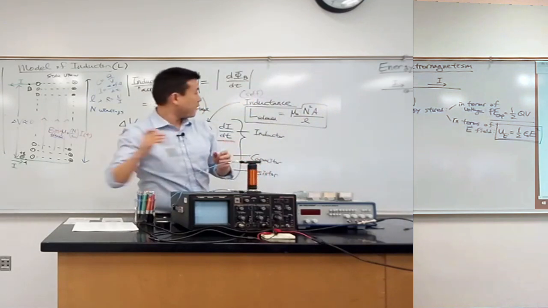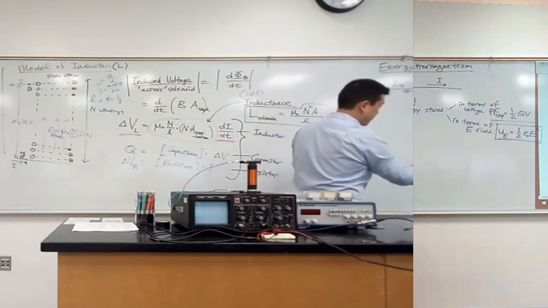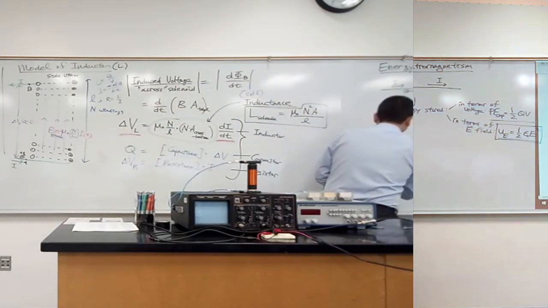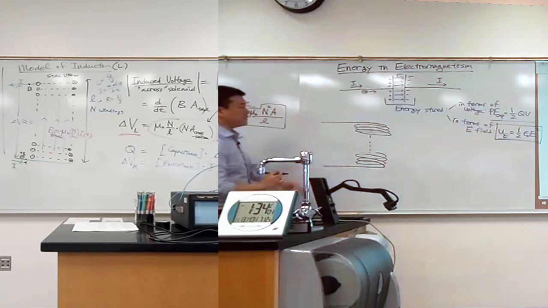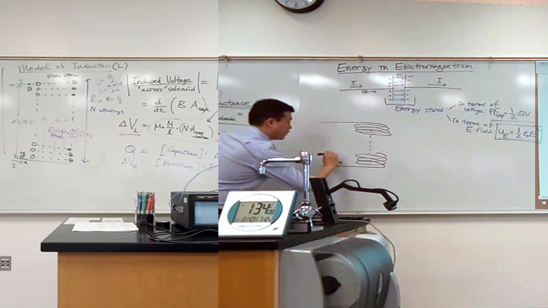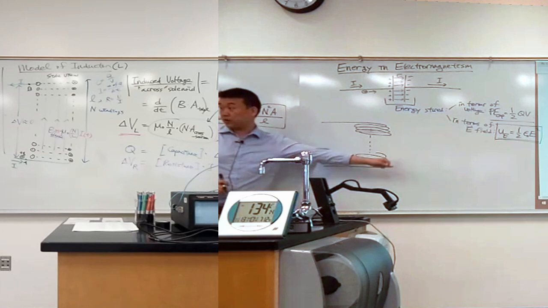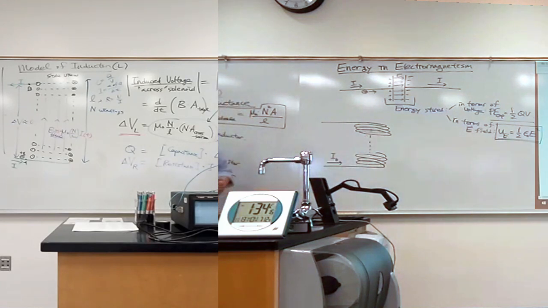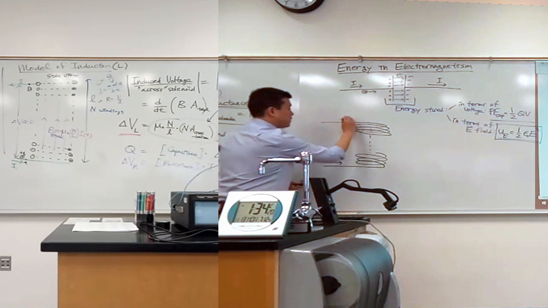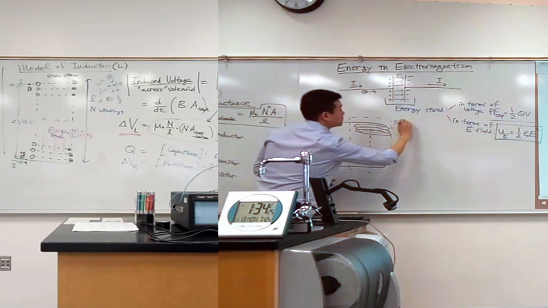Let me just draw a picture. If I have this setup, an inductor with some amount of current flowing through, I could even call it I naught. If I have some amount of steady current flowing through, then what I'm going to claim is that this setup stores energy.